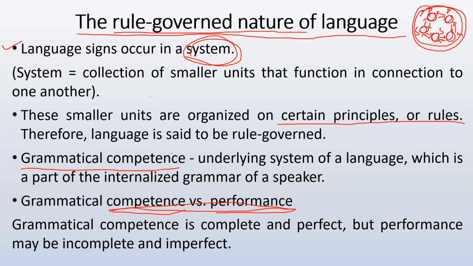It's very complete and perfect. But the production, performance, using language either orally or in writing, may not be that perfect or complete. There are certain mistakes due to so many practical reasons. That is what I was telling regarding competence and performance here.